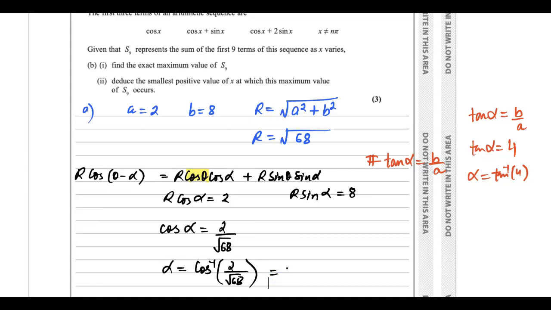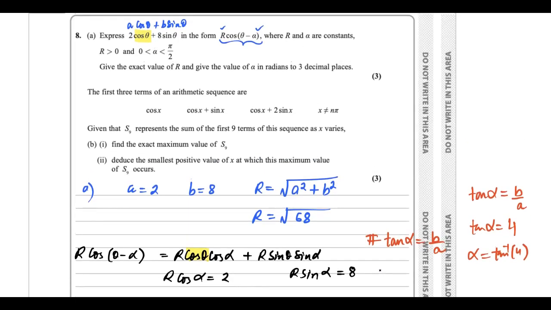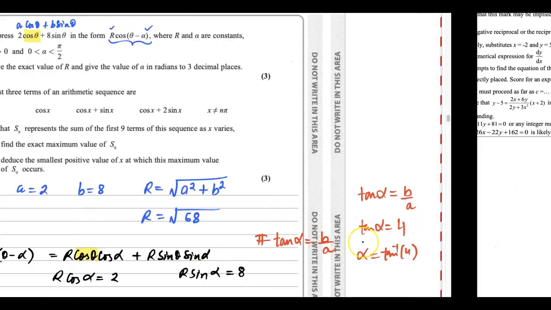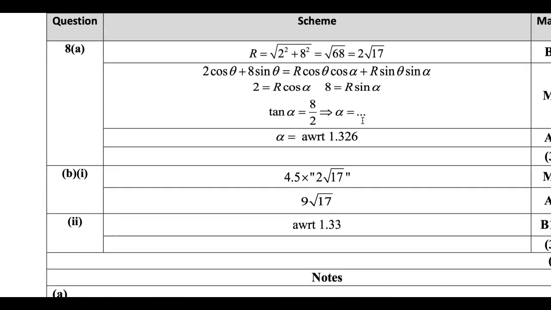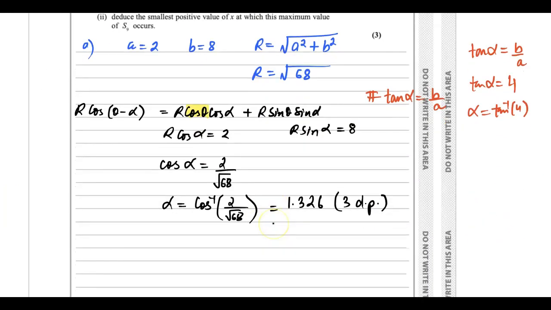It gives us, to 3 decimal places, 1.326. Correct? So this is what the A part is. Let's quickly match it first. They did the tan alpha thing, though they have written both the values first. Never mind, 1.326. I think we've got the same.